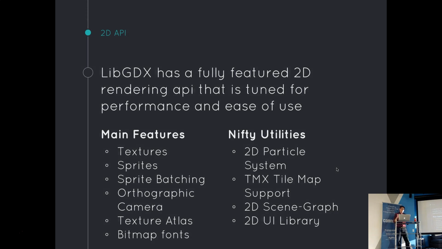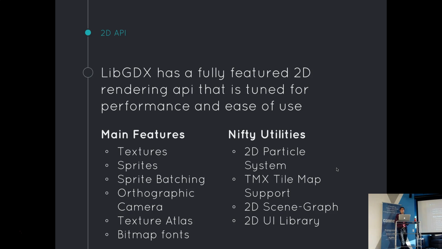So LibGDX is mainly meant for 2D, so most of its features are primarily to help you with 2D. It has texture classes, sprite batching, cameras, texture atlases, bitmap fonts. It has some nifty little utilities, like a 2D particle system.